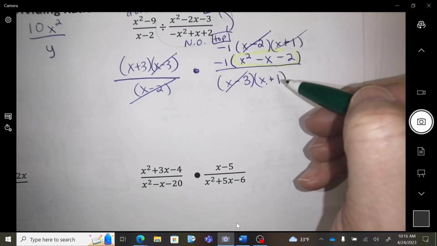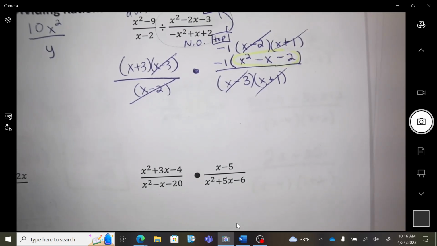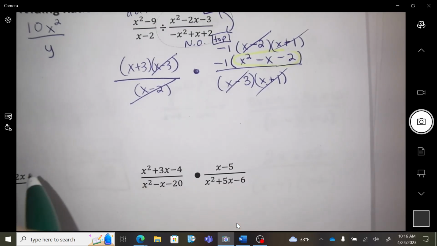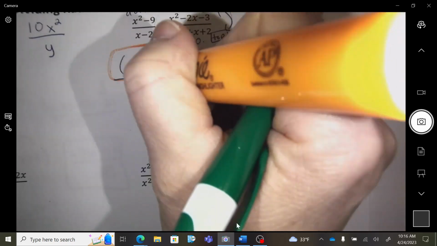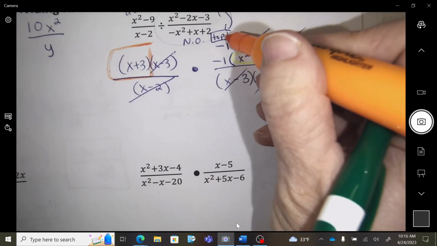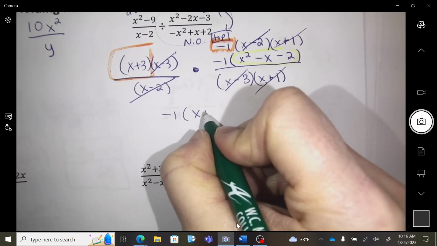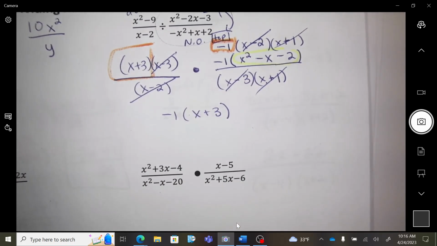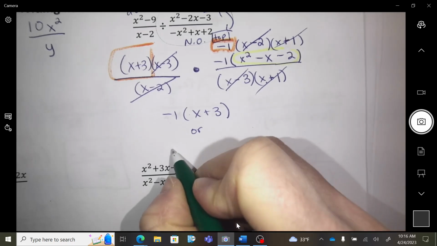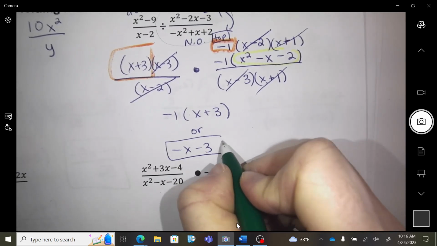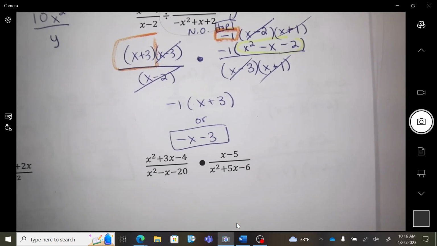And there's an x plus 1, x plus 1. So what am I all left with? I have an x plus 3 and a -1. So that's your final answer.